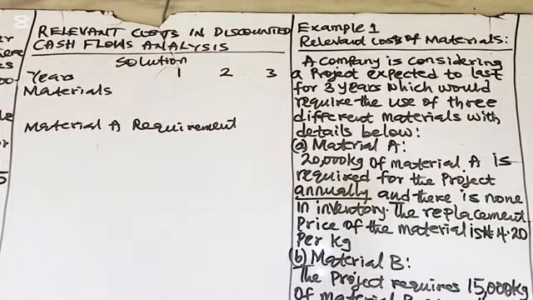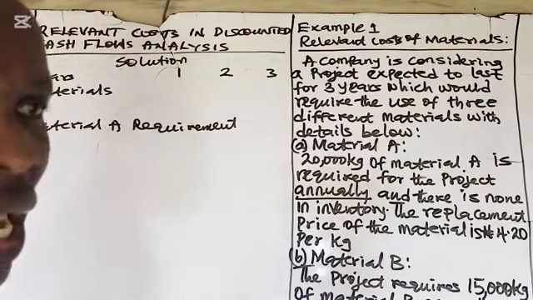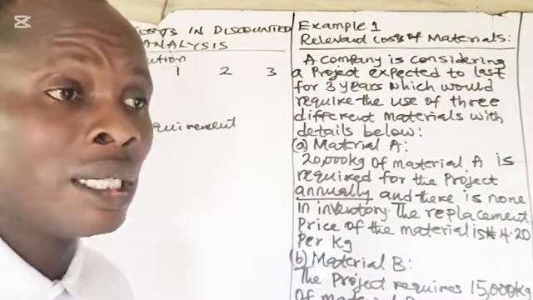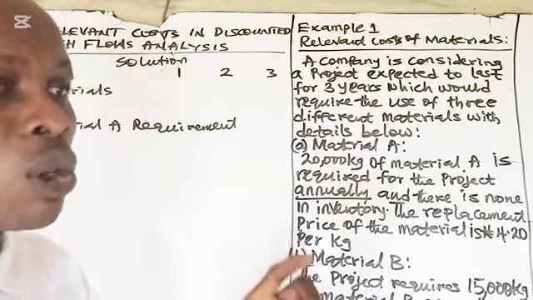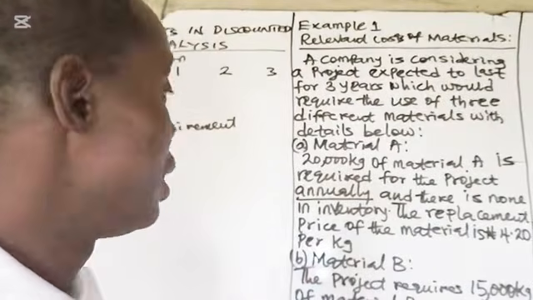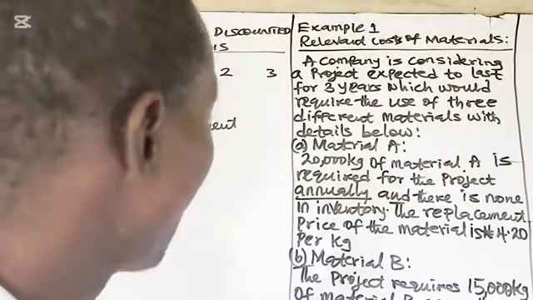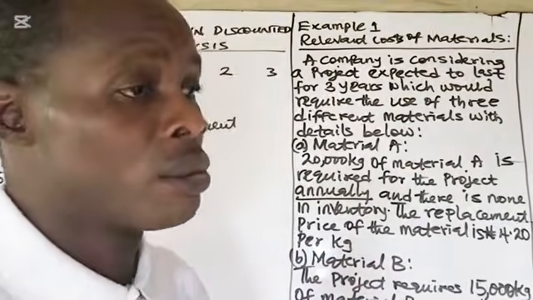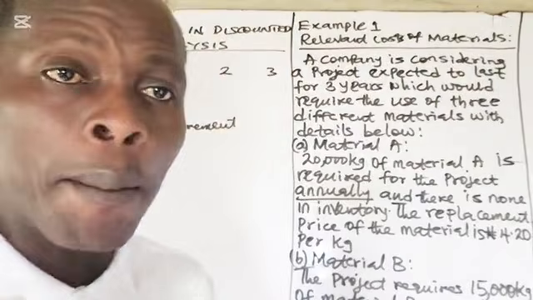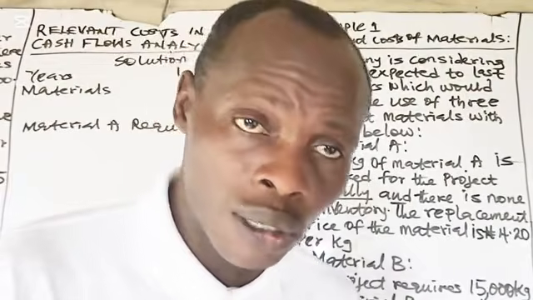Now, and there is none in inventory. Since material A is not available, you don't have them in inventory. I've told you where material is not available, that is, if the entity is in need of such a material, they will have to buy them. So that means material A is a bought-in material. I've told you that the replacement price, the current market price of a bought-in material, is the relevant cost of that material.